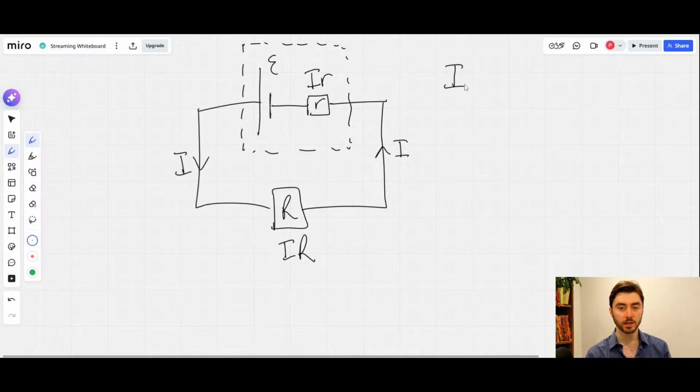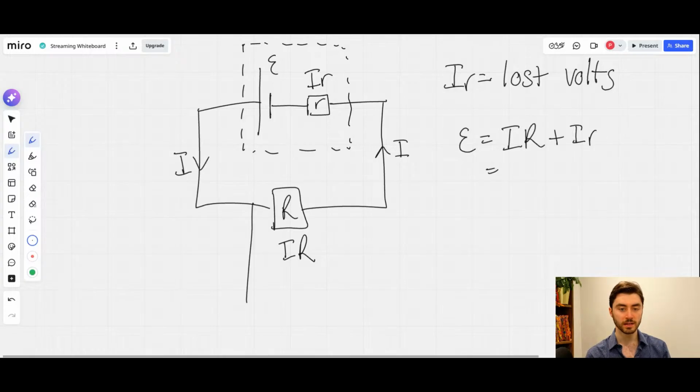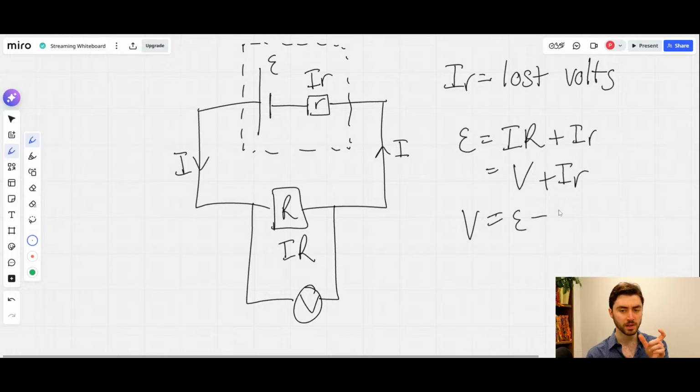This I times little r is what's called the lost volts, for reasons that we're about to see. Because voltage gained is epsilon, that equals the voltage lost, which is IR plus I little r. But this is a voltage that you can measure with a voltmeter in parallel, which leads to the form that I much prefer, V equals epsilon minus Ir.